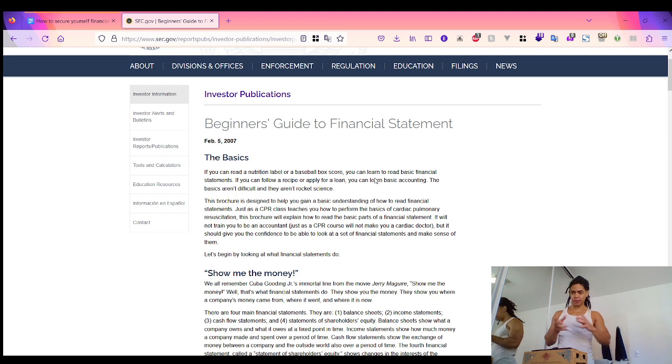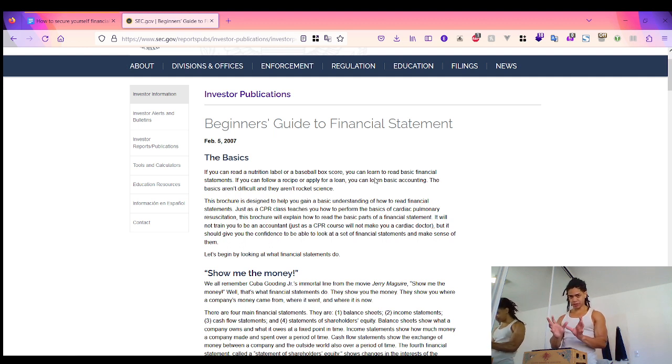So in this section, they mention that if you're able to read nutrition labels or baseball box scores, you can learn to read the basic parts of financial statements. If you can follow a recipe or apply for a loan, you can learn basic accounting.